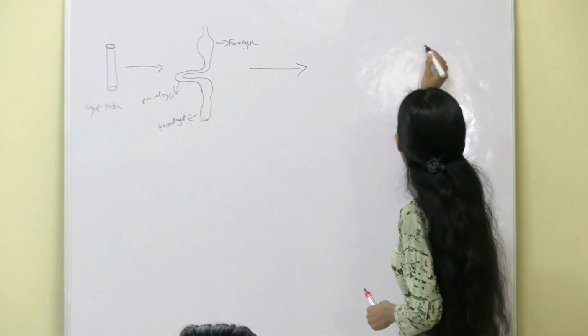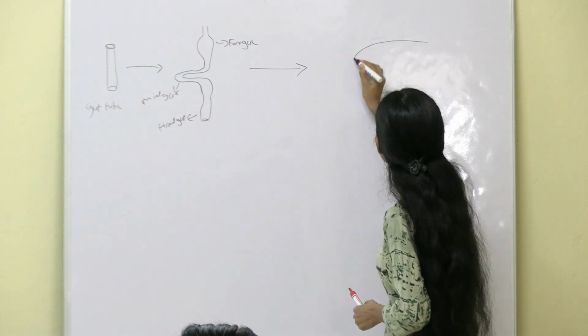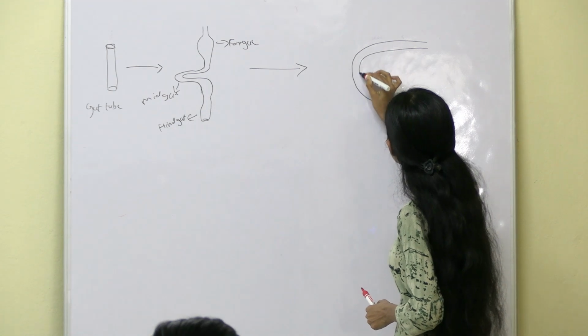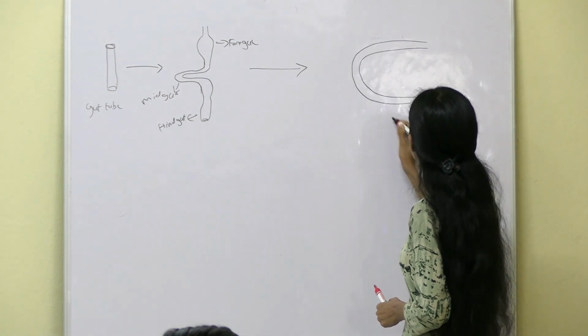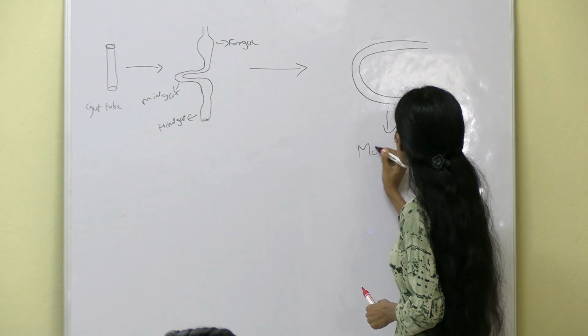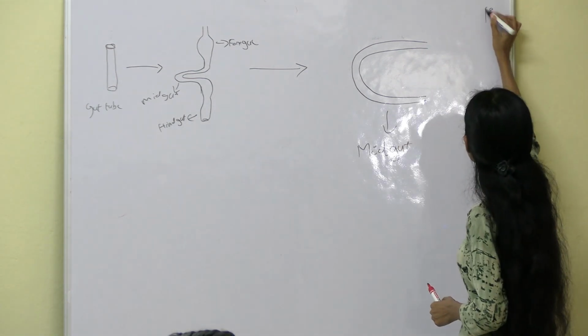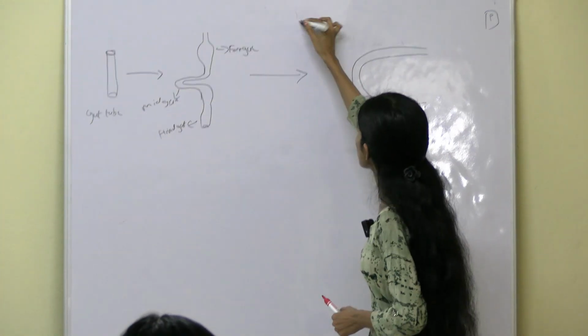In an enlarged pattern, your midgut will look like this. This is the posterior side and this is the anterior side.